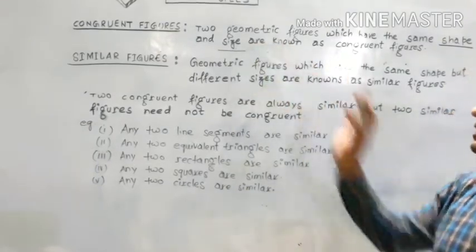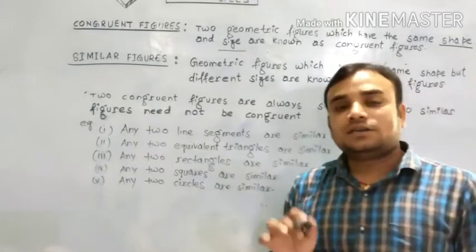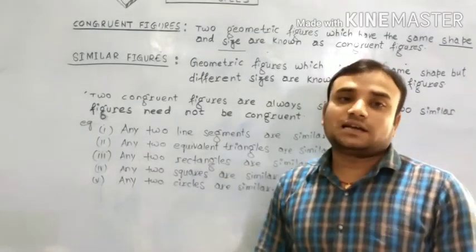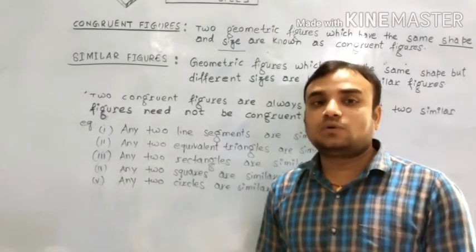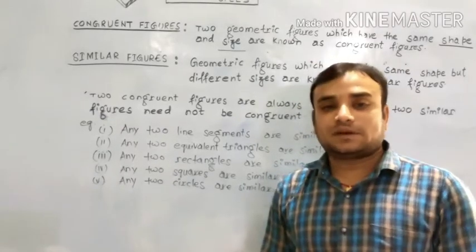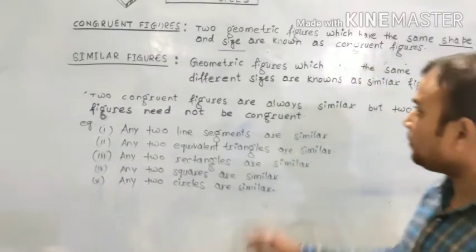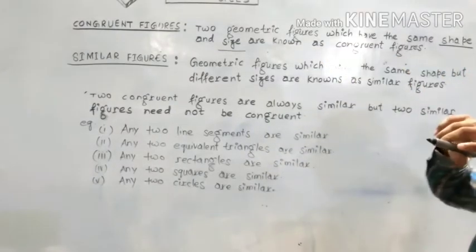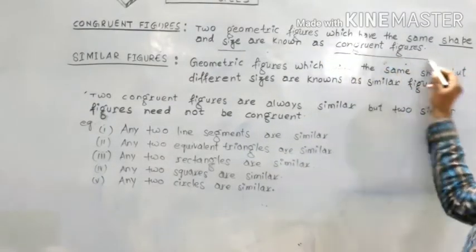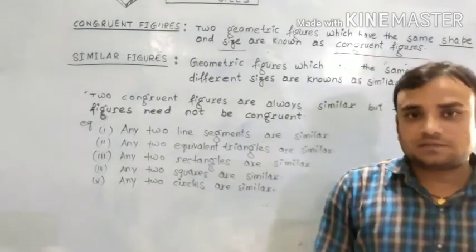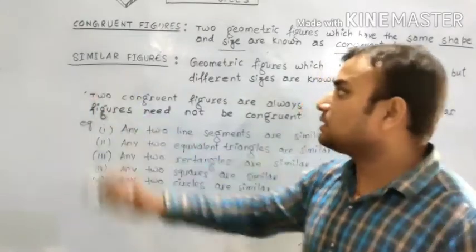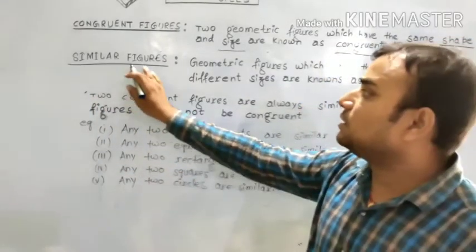And size means each and every side of the first triangle is equal to the respective side of the other triangle. These are known as congruent figures. This topic we already studied in previous class 9, and our next topic is similar figures.